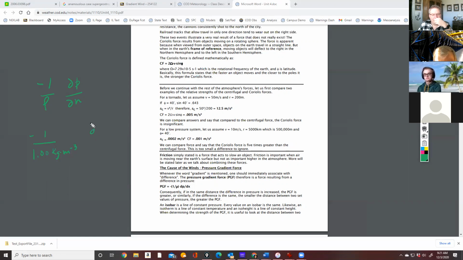So that means I'm looking at what is the pressure gradient, and this whole thing will be meters per second squared, and it has to be equal to 12.5 meters per second squared. So what kind of pressure changes over a distance? How wide is the tornado? Well, let's take a tornado, and we said we're going to assume that the tornado has a radius of 200 meters.